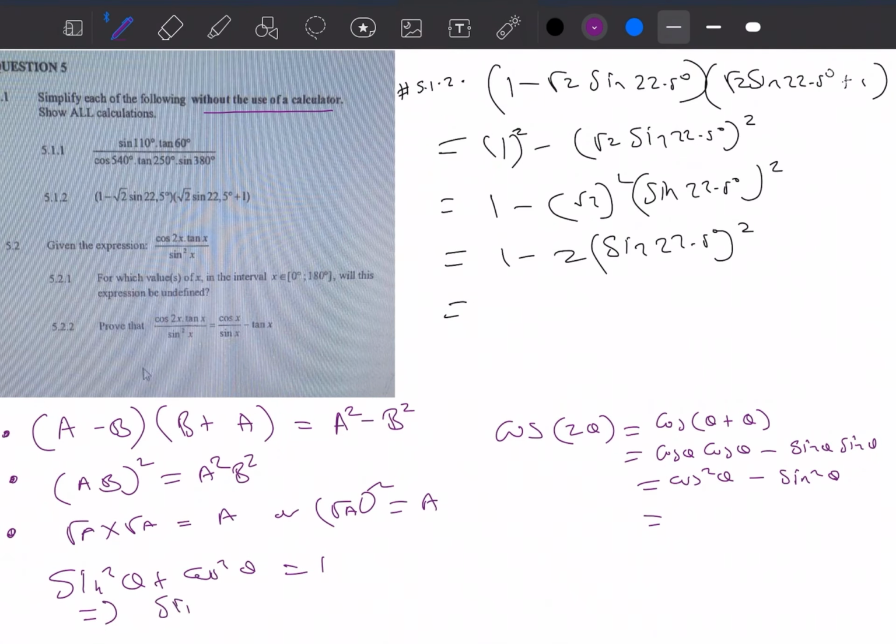Therefore, sine squared theta is equal to 1 minus cos squared theta, and cos squared theta is equal to 1 minus sine squared theta. So we can apply that here and say cos squared theta is equal to 1 minus sine squared theta, minus sine squared theta. So this is 1 minus sine squared theta minus sine squared theta, which is 1 minus 2 sine squared theta.